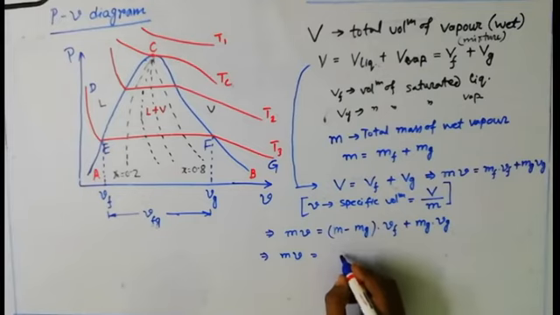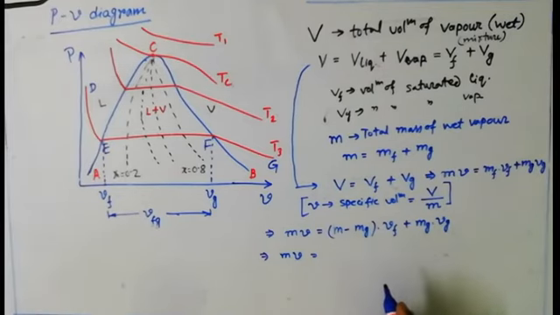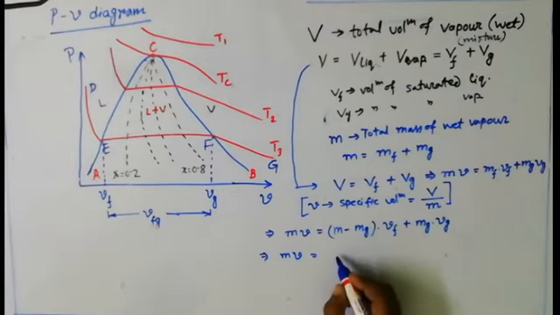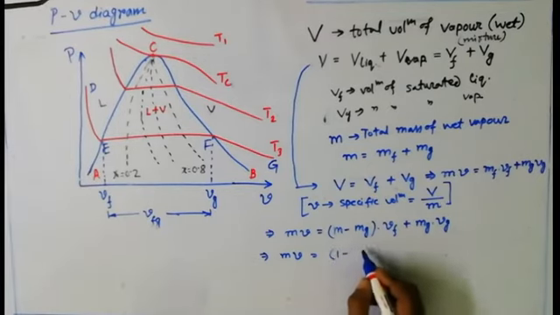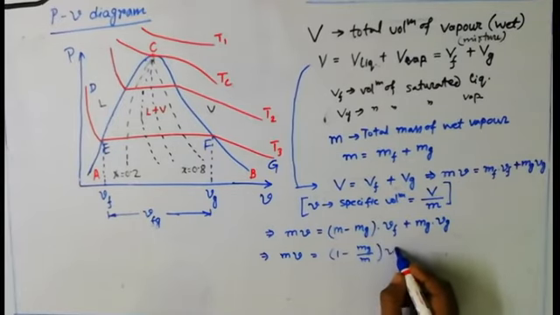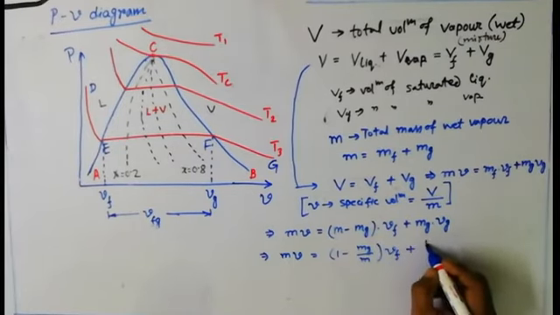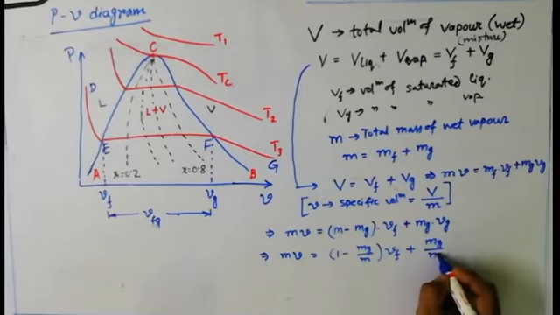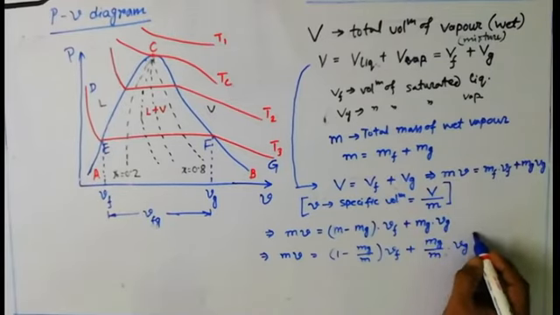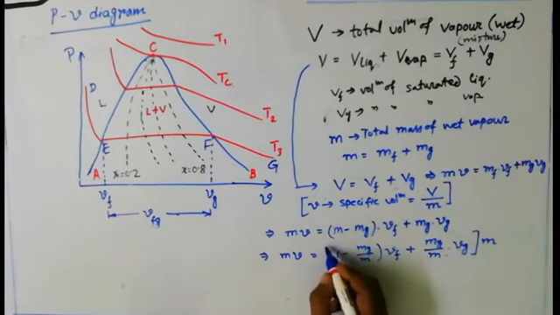I am taking m as a common factor, so it will be 1 minus mg by m into vf plus mg by m into vg, keeping that m outside.